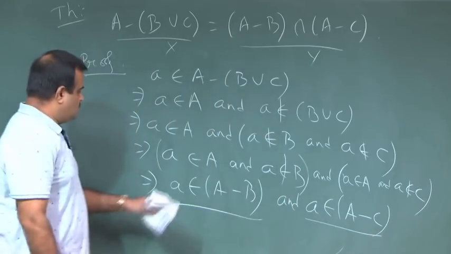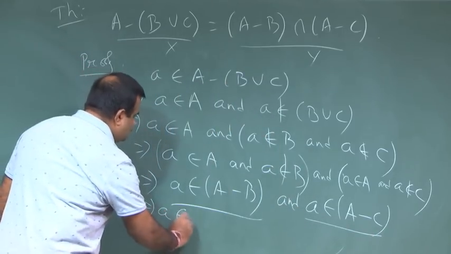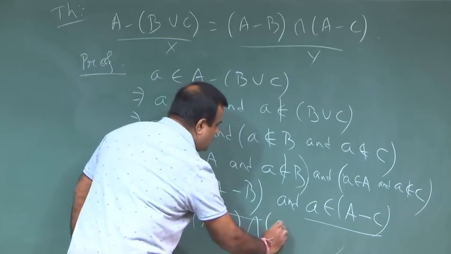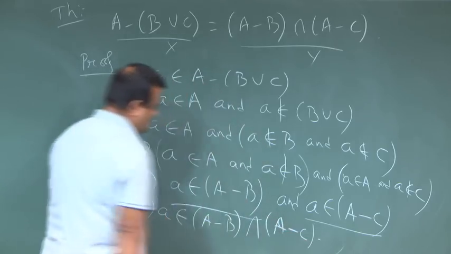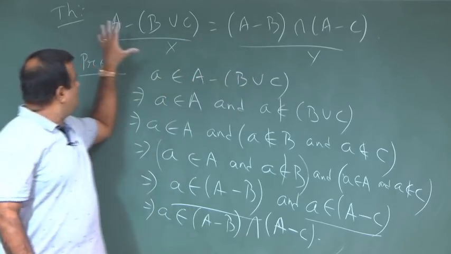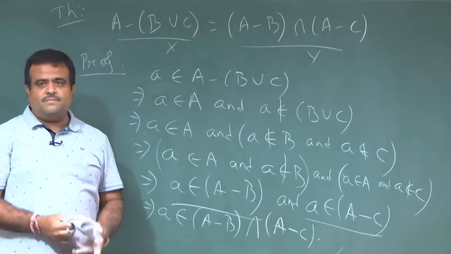So, a belongs to this means this implies a belongs to their intersection, A minus B intersection A minus C. Okay. So, this is the set. If we take an element from this, that will be an element from that set.